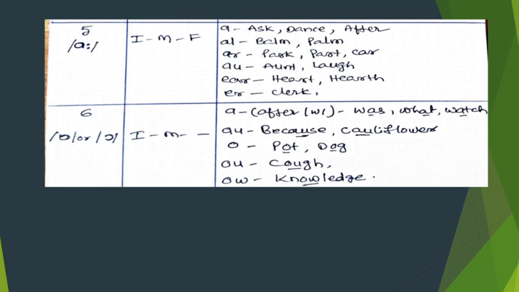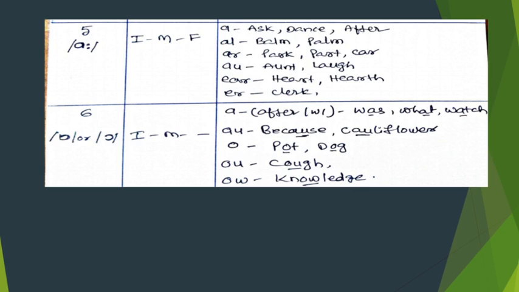This is represented with the letter A when it happens after W, giving the wa sound: was. With AU in because.